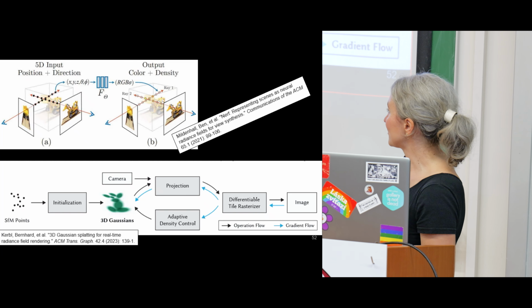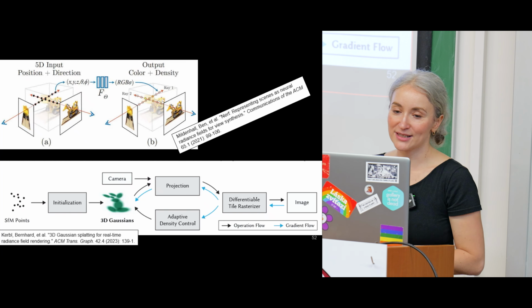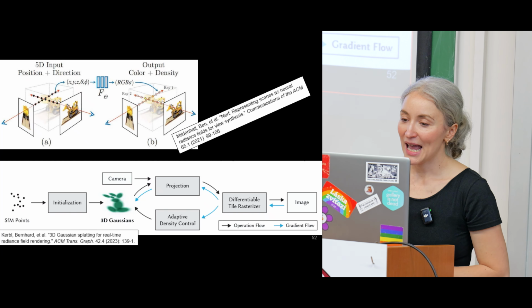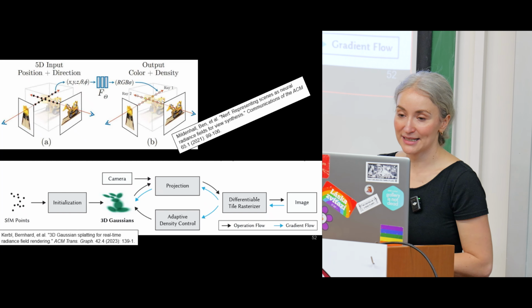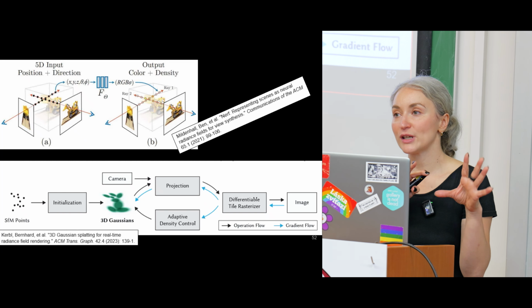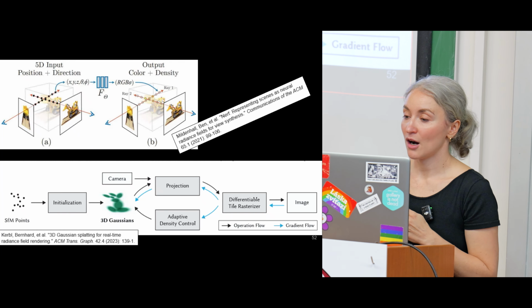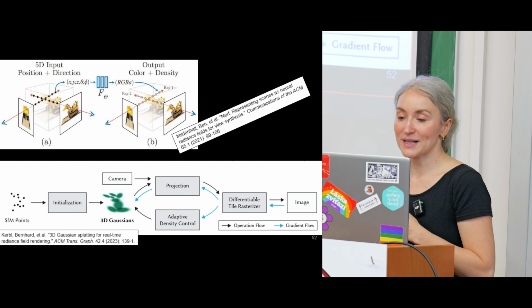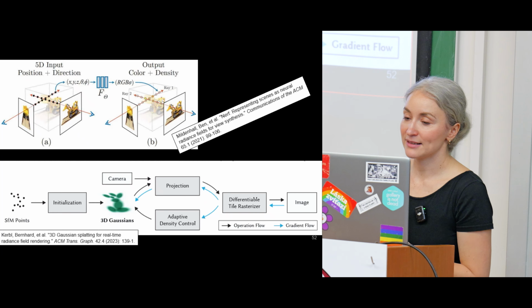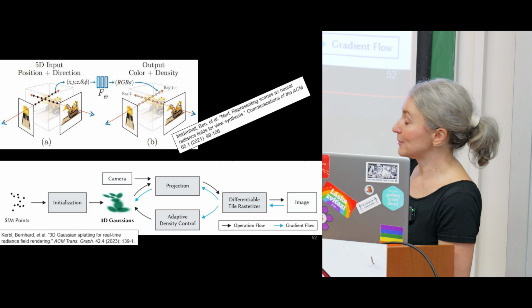And then we have another representation, called Gaussian splats. In this case, the scene itself is represented as a set of 3D anisotropic Gaussians, Gaussian primitives, which have some position, scale, opacity, and color. And it's optimized from input images.